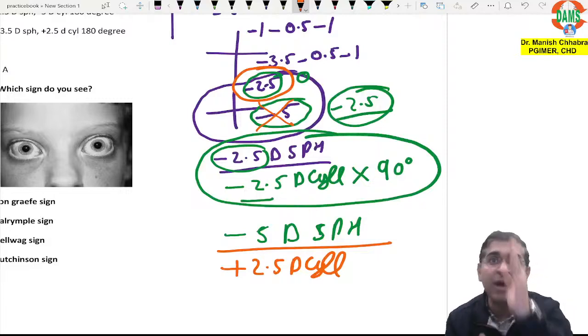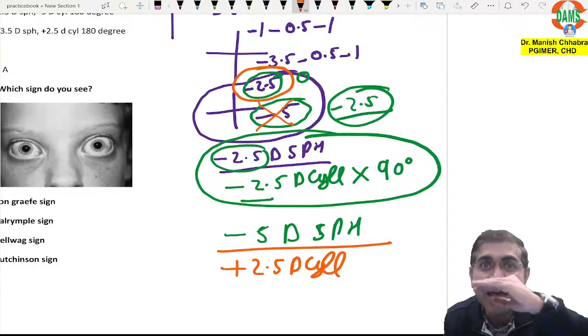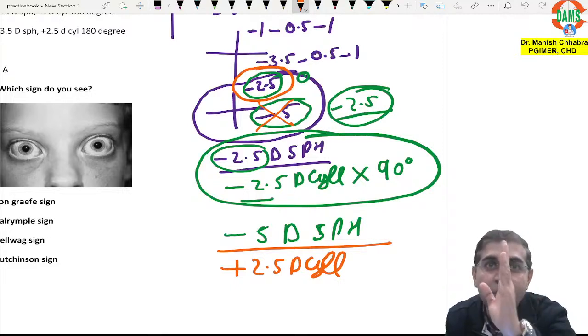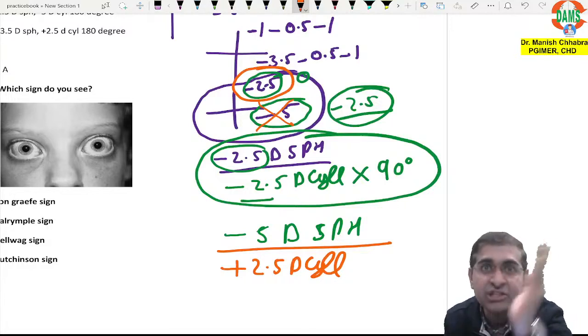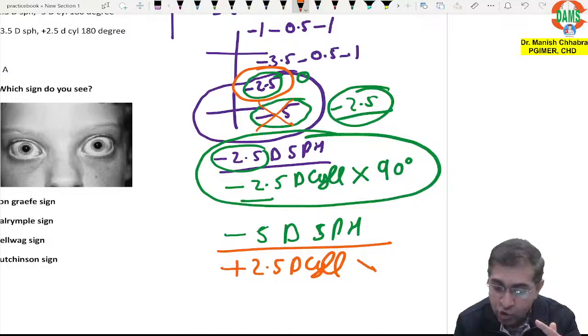But in this case, I require this power where? At y-axis. I told you just a few moments back that if you are placing the cylinder at x-axis, it is going to act at y-axis. If you are placing the cylindrical glass at y-axis, it is going to act at x-axis. So here we require power at y-axis, so we are going to place the cylinder at x-axis.